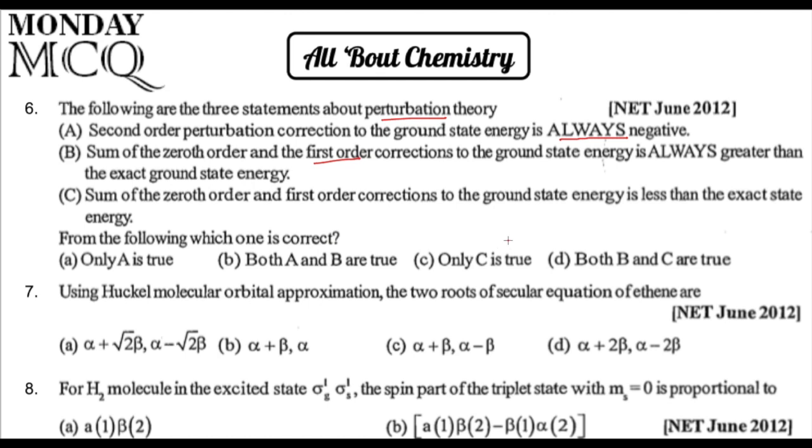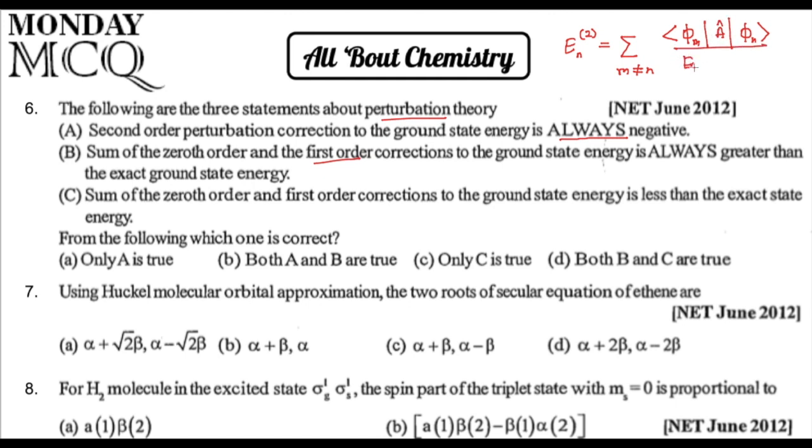Now if you look at the second order energy correction formula, it is given by En2, that means the second order energy correction for the nth energy level, and that is actually given by sigma m not equal to n of phi m, then whatever you are correcting, I am just expressing it as, let's say, A, and then you have phi n, like the perturbed part, here you have to put the perturbed part, right?